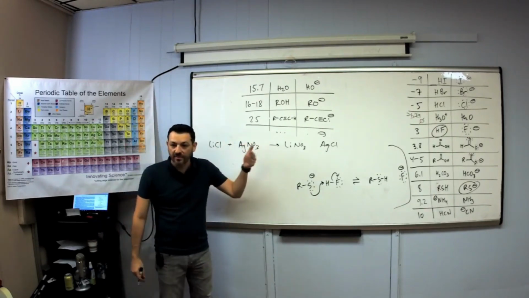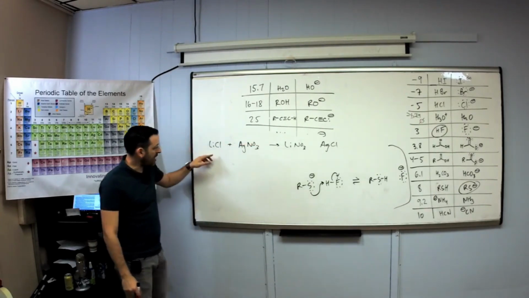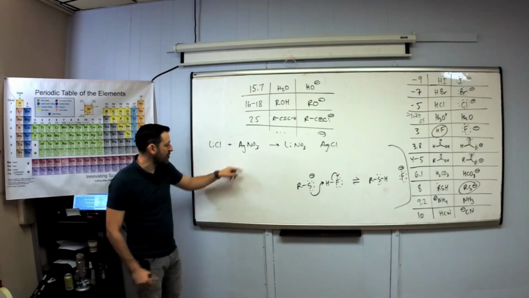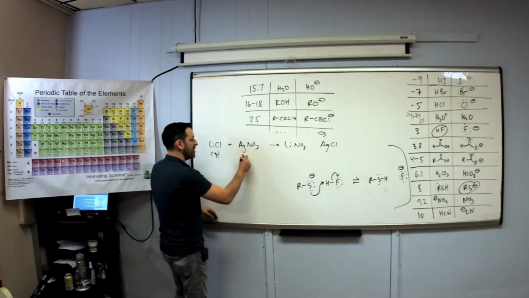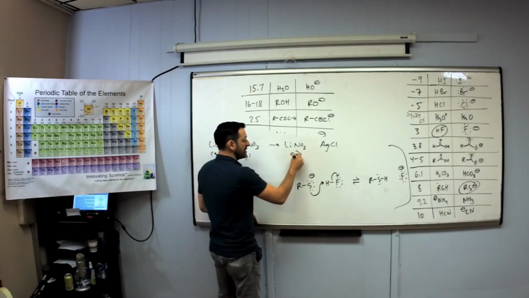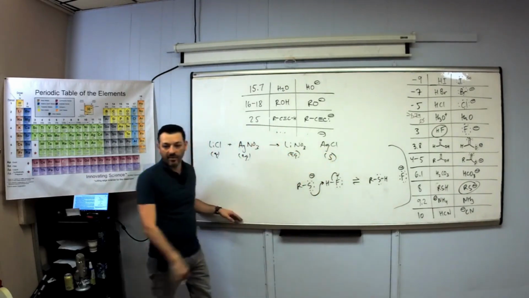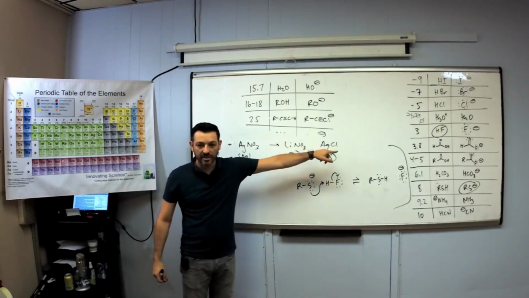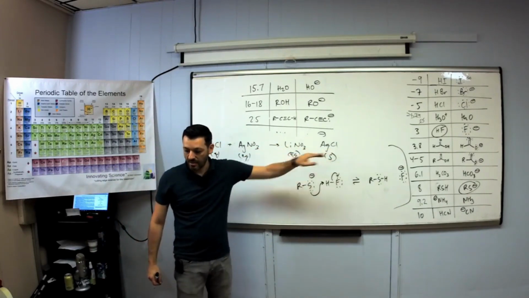Just because you switch partners doesn't mean something happened. But on the solubility table, you saw that chlorides are soluble unless they're connected to Ag, Hg, or Pb. And all nitrates are soluble. So this is aqueous, this is aqueous, this is aqueous, and this is solid. And now we found that a reaction did happen. That Cl minus plus Ag plus made AgCl. Does anybody remember that? Okay.